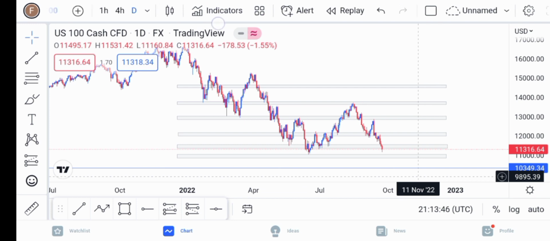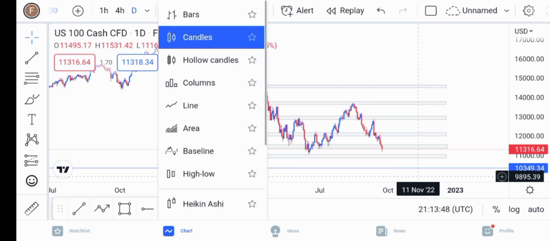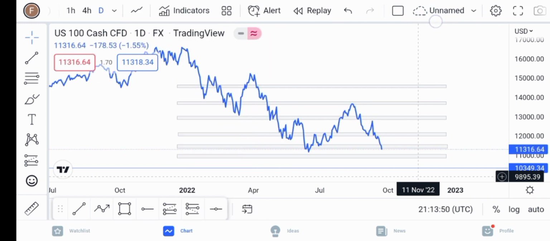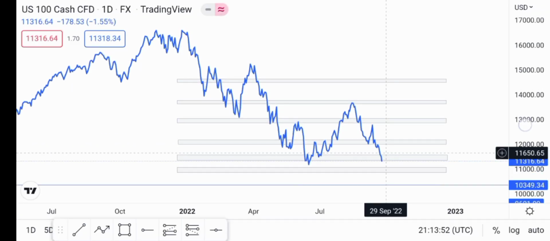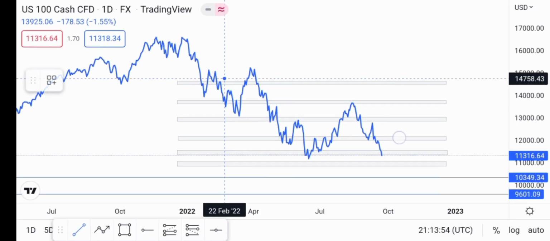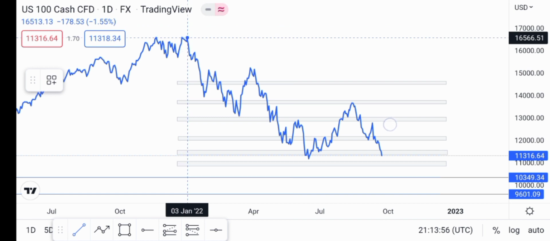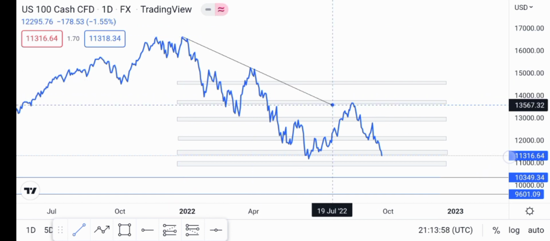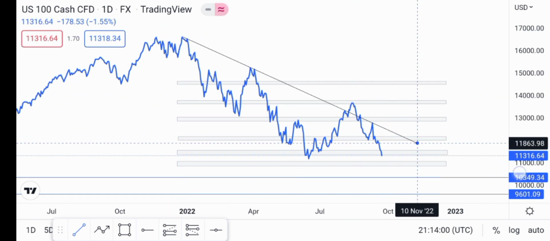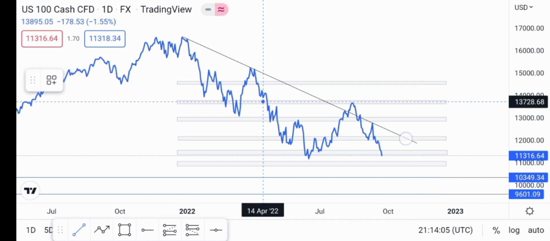So let us use our line chart in order to draw the trend lines for this, so we can use the body of the candlesticks. So okay, set it right over here. So this is what we have on the upper side.